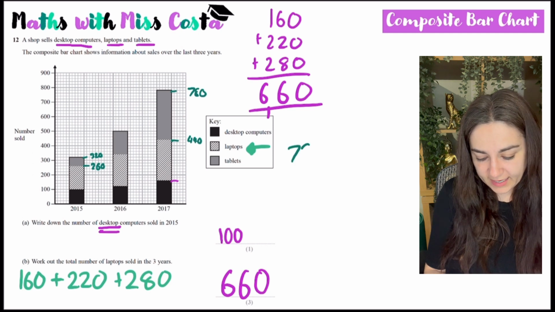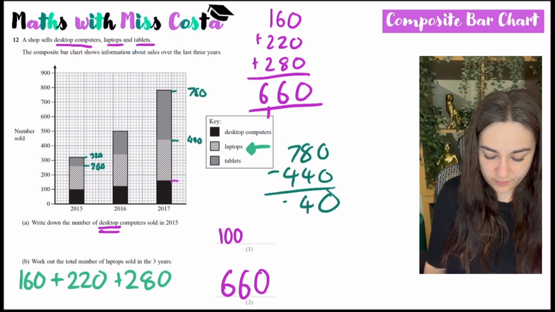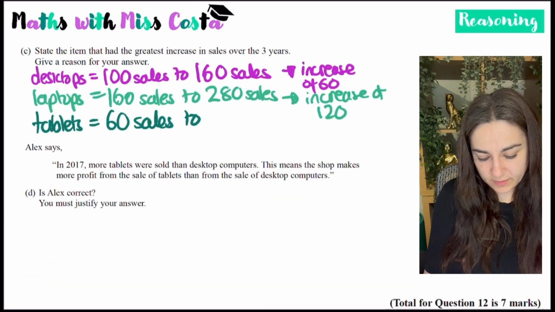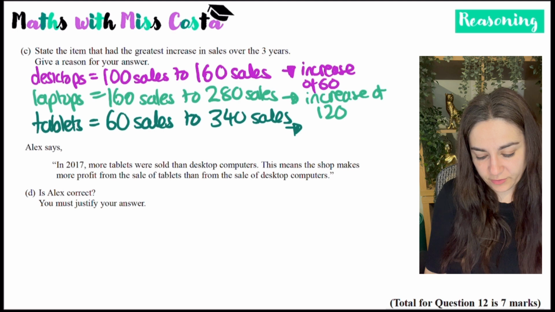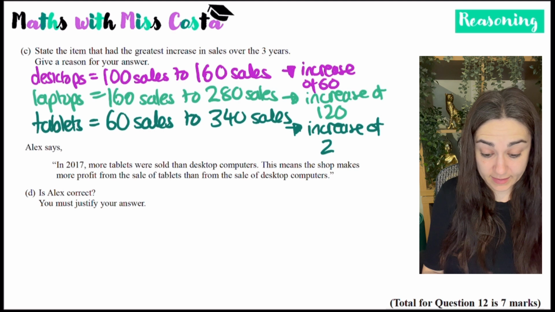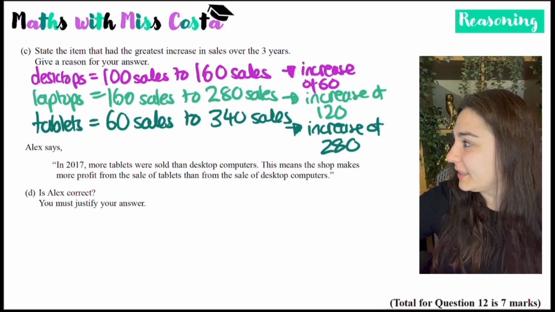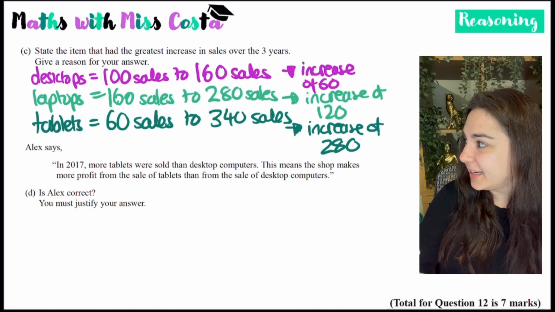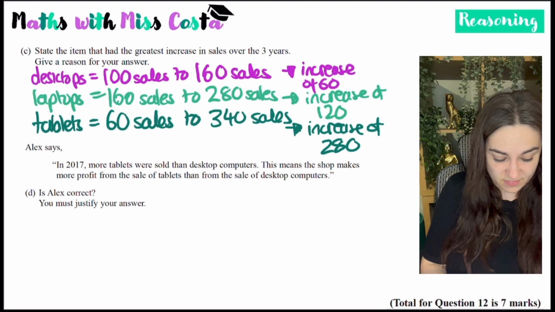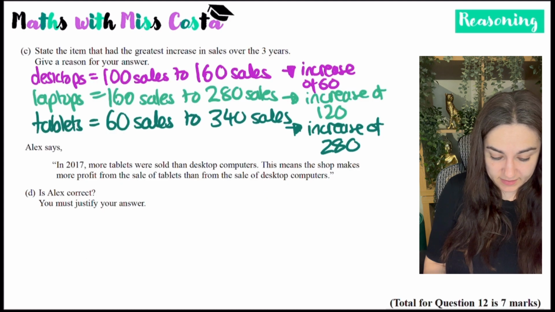So 780 take away 440 gives me 340. So that's an increase of 280. So in terms of what's had the greatest increase, in 2015, the tablets had the smallest amount of sales.